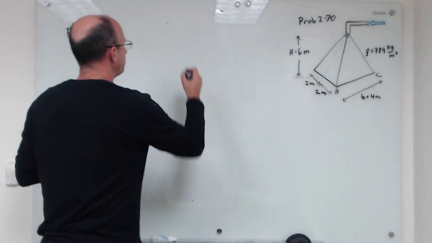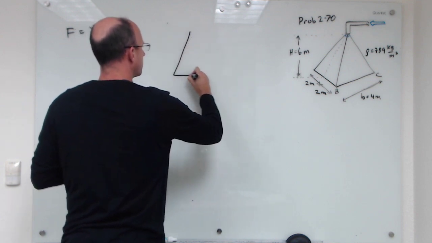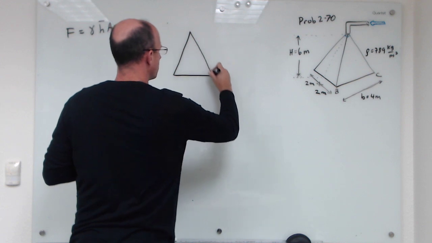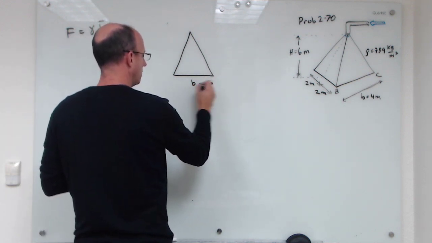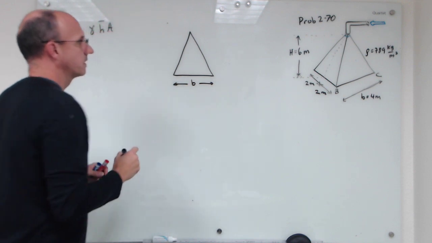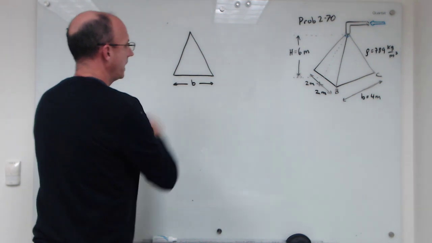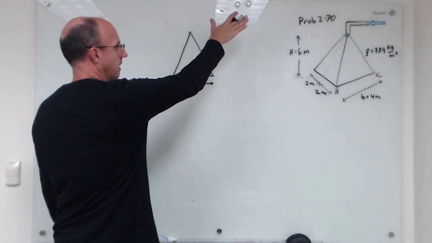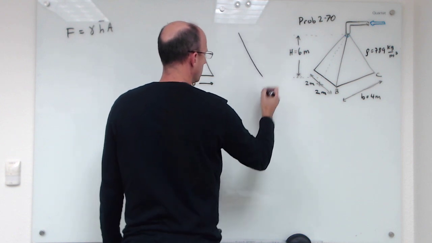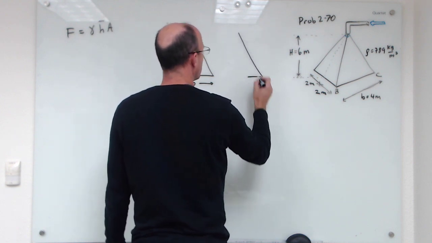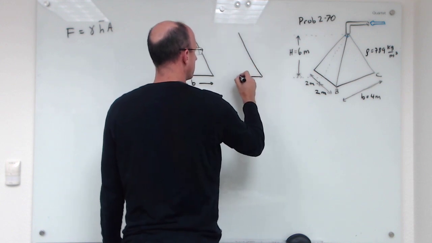So why don't we draw one of these sides. It's going to look like this. It's going to have a bottom width of B, and a height of 6 meters, but its length on an angle, if we look at it from the side, we're going to have something like this, where this is 2 meters.